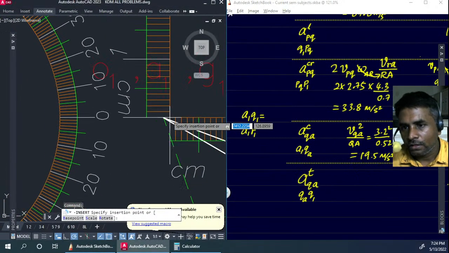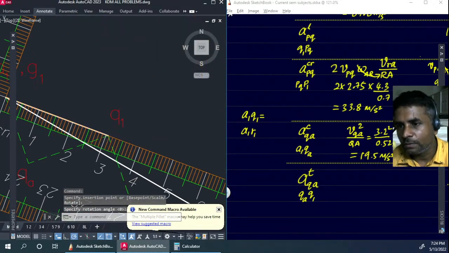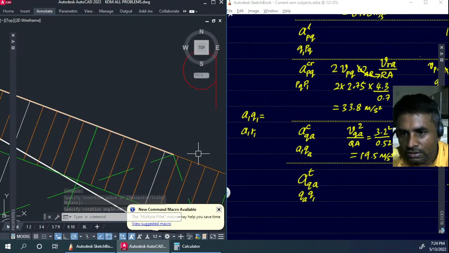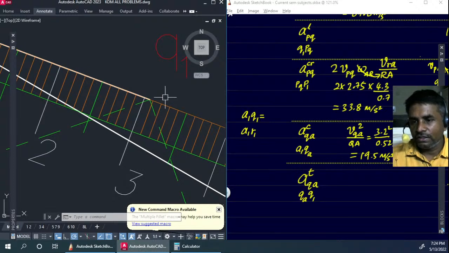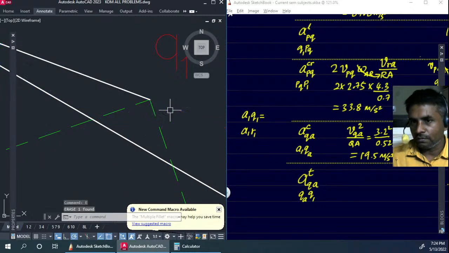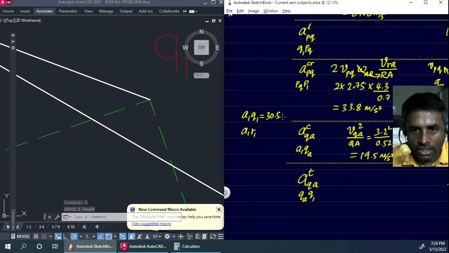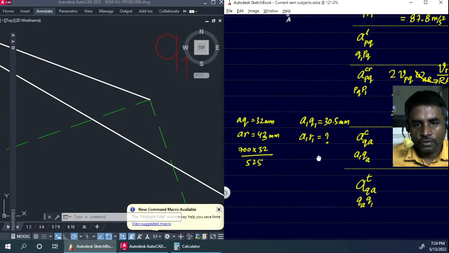From here I have to take this particular length. What is the length A1Q1? It's in the middle of 30 and 31, so 30.5 mm is what I'm going to take, and this is the length which I'm supposed to find.